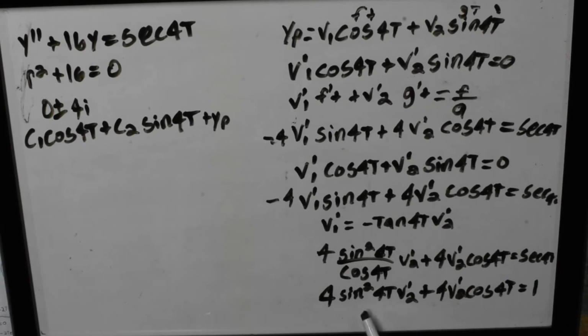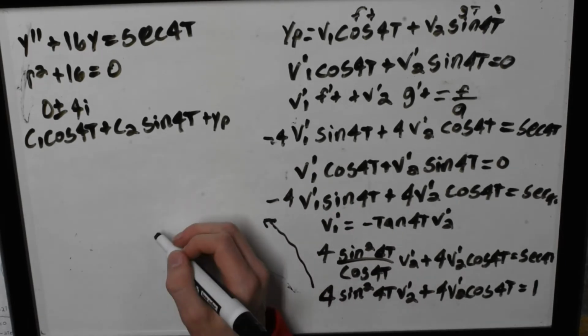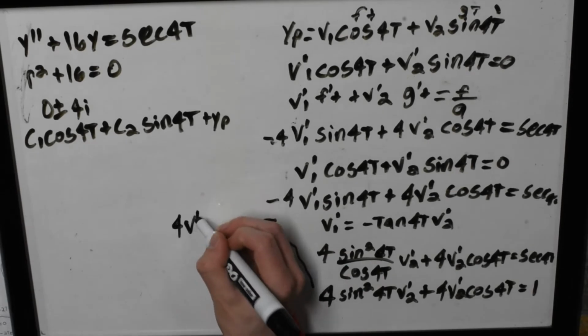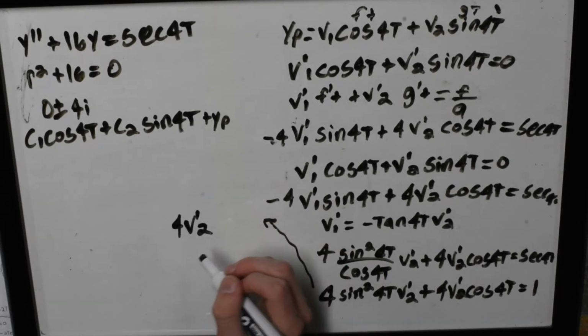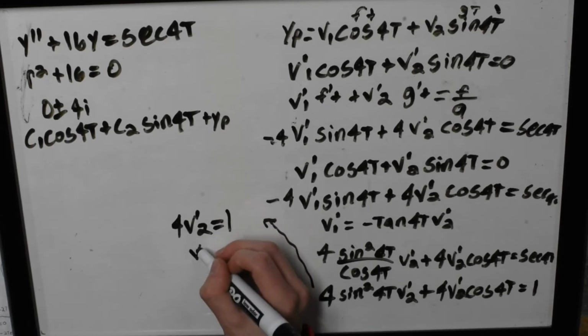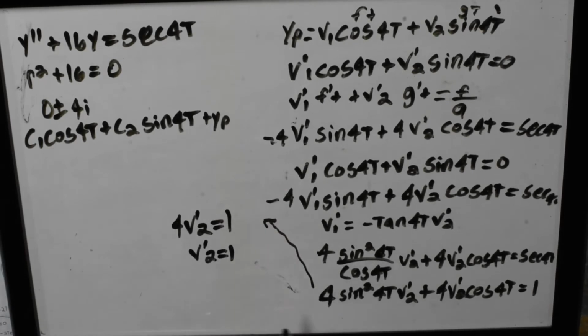And what we'll notice here is we have 4 v prime 2 times sine squared 4t plus cosine squared 4t, and these are going to go to 1. So you have 4 v prime 2 is equal to 1, or v prime 2 is equal to 1/4. And if you plug that in here, you have v prime 1 is equal to negative 1/4 tangent 4t.